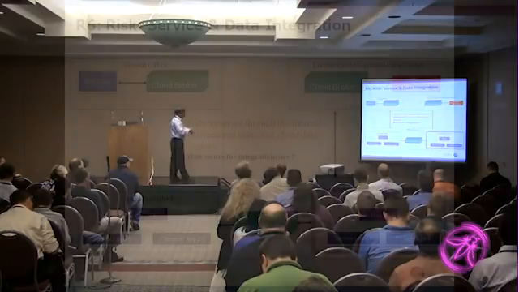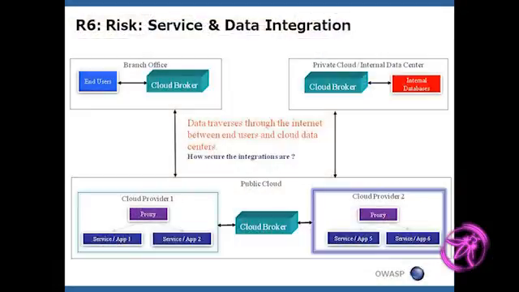The next one is service and data integration. This is one of the models that we are working on at Cisco, where users use cloud brokers to access multiple cloud providers. The more applications that move out of the internal cloud or internal data center to the public cloud, the more requirements come back from those same business units to connect back into the enterprise data stores.